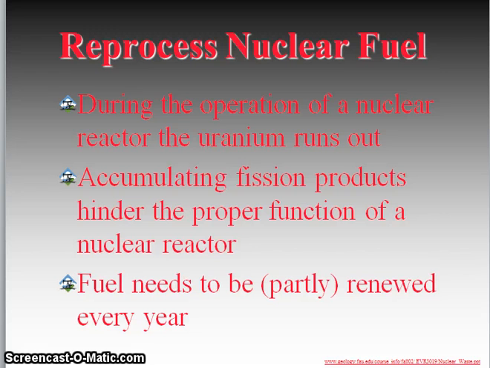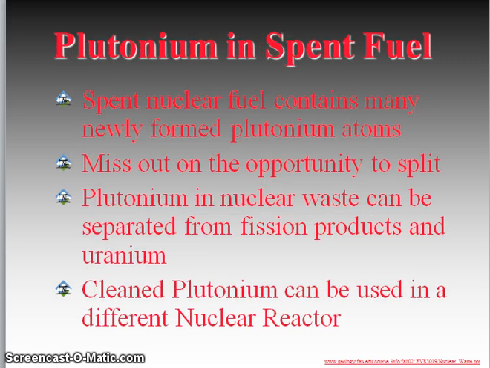During the operation of a nuclear reactor, uranium does run out. And as the waste products accumulate, it inhibits the efficiency of the running of the nuclear reactor. So the fuel needs to be at least partly renewed every year. That waste does contain plutonium, which is radioactive in itself, and we could reuse that.